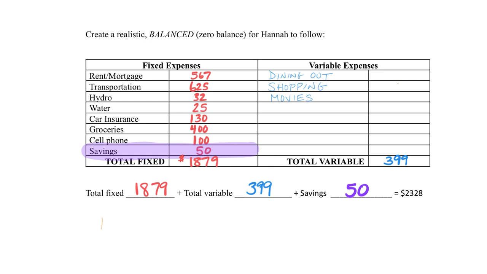Would it be reasonable that per meal she was looking at about $30? Maybe that's a little low. Maybe it would be a little higher. Maybe a nice middle. Well, if Hannah does that once a week, then we're talking about a total for 4 weeks in the month, $120 spent on dining out.